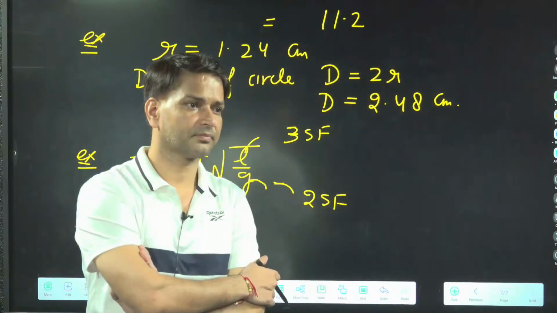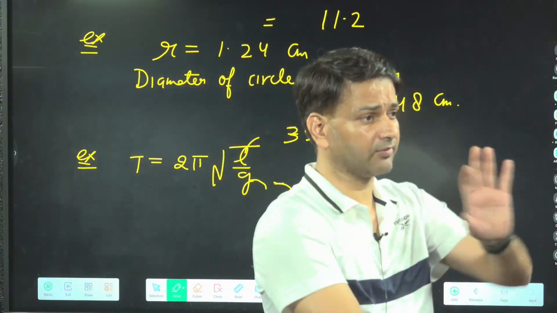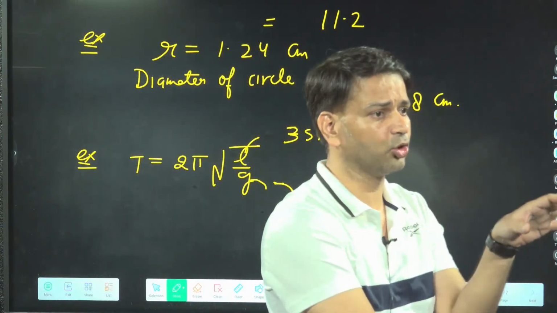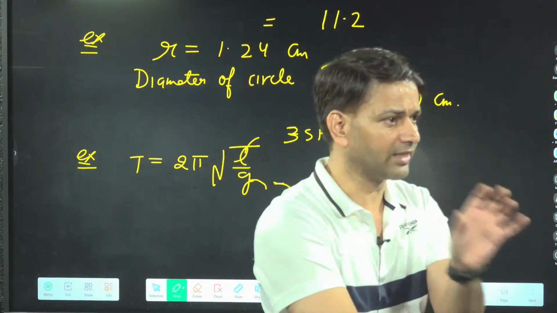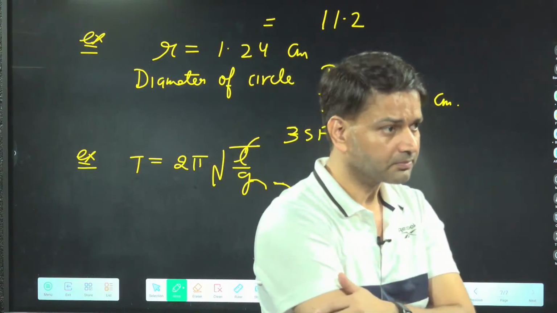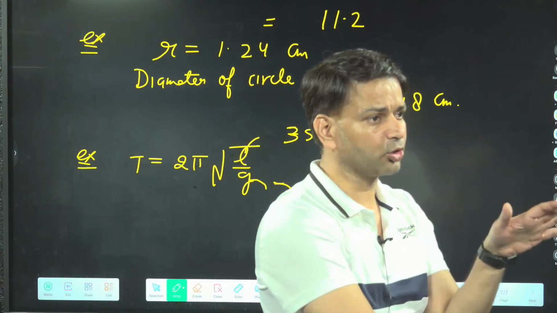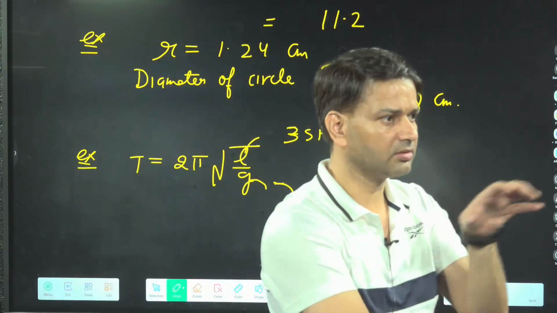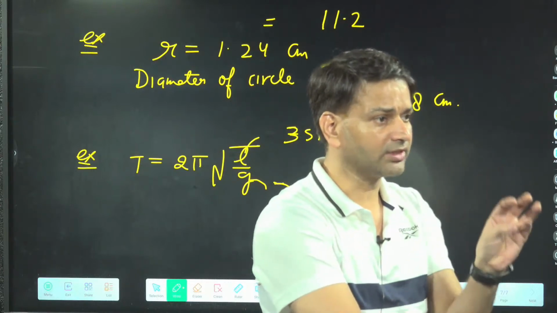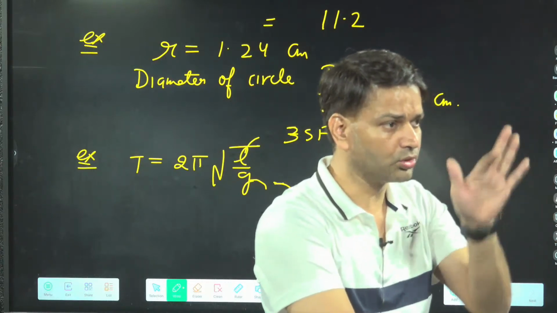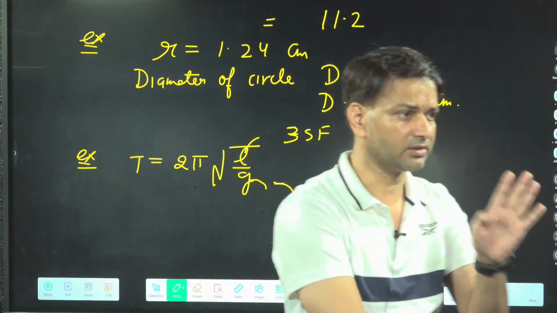Understood? Everybody got it? Similarly, one example they gave in the NCERT: the side of the cube is 2.304 centimeter. Now they are asking for the surface area of the cube. Surface area of the cube is 6a square. A has 4 significant figures, 2.304. I am multiplying by 6, but what is that 6?